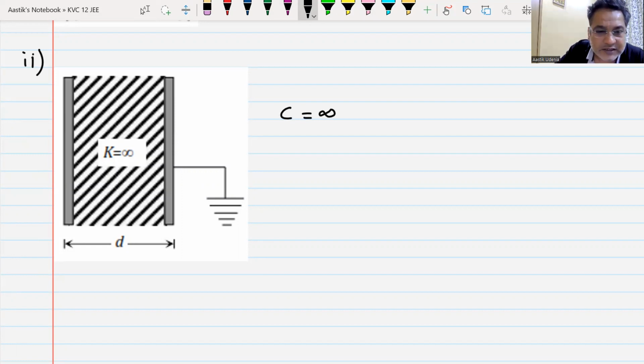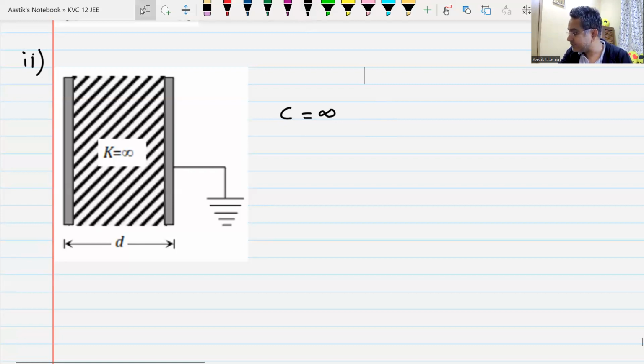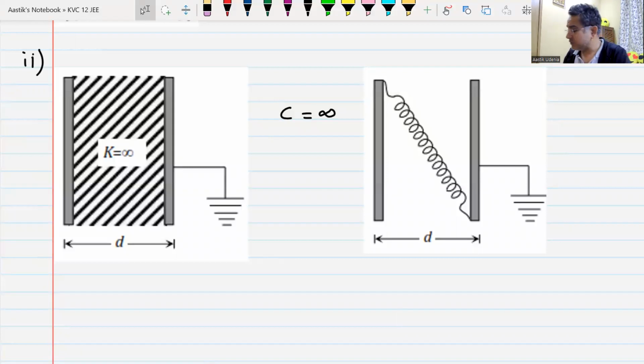Now the same thing will happen if instead of inserting the slab I just connect the two plates together by a wire.